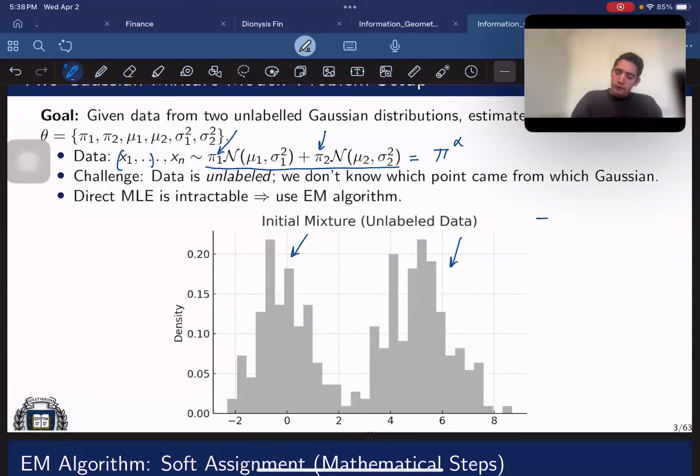So I start from pi alpha naught, which is random assignment of each point to either the first or second normal distribution. Then I would maximize the likelihood of mu1 sigma1 and mu2 sigma2. And then using these, I would reassign each point to another.